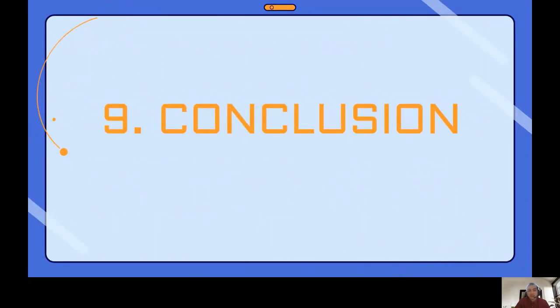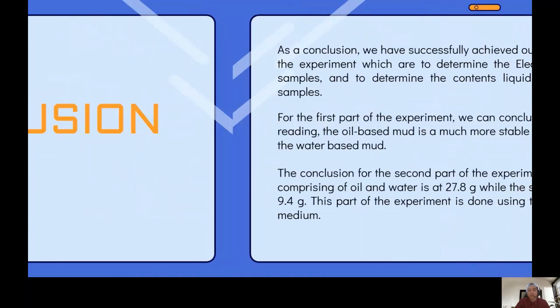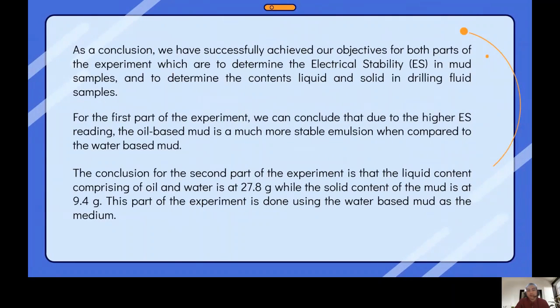Next is the conclusion. We have achieved both objectives that we sought in our experiment. The first part is to determine the electrostability of the mud samples, and the second part is to determine the liquid and solid content in the drilling fluid sample.